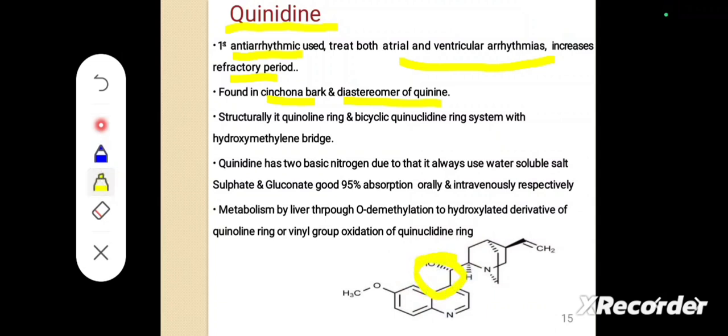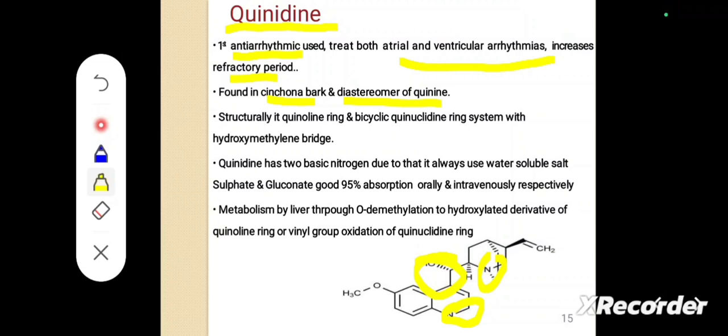So chemically, quinidine contains two types of ring, and the rings also have a heteroatom, that is nitrogen. Due to the two nitrogens, it shows basic property.